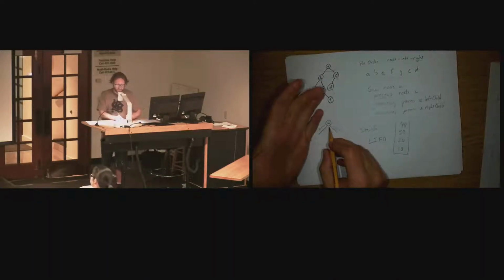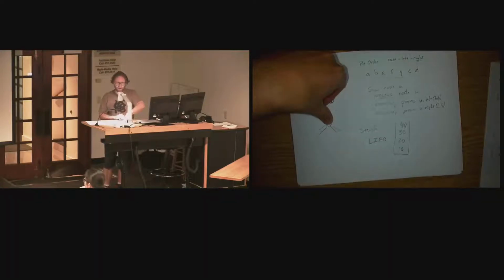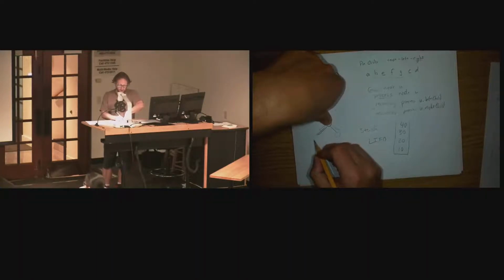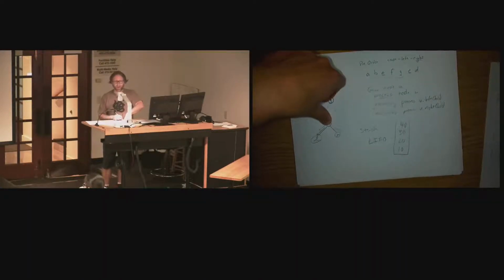So let's think about this over here. If I'm currently at A, where do I want to go next? I want to go down here next. But before I do that, let me make sure that I set myself up so that when I eventually come back here, I still need to explore this right subtree here first. So if I've got A here, I've got L and R. What order do I push these children into my stack to keep track of everything?